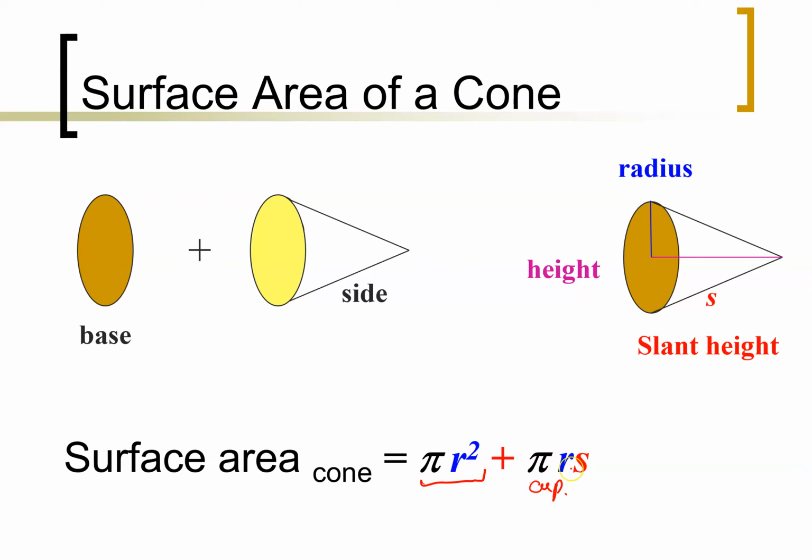So S is a value you haven't seen. Well, you have seen it. It meant arc length. In this case, it means something else. It means the slant height. So a cone has a height which is perpendicular from the vertex to the radius. It also has a slant height.